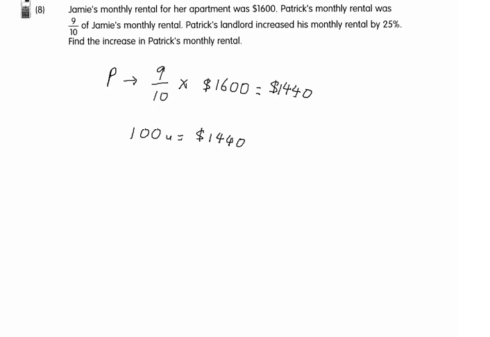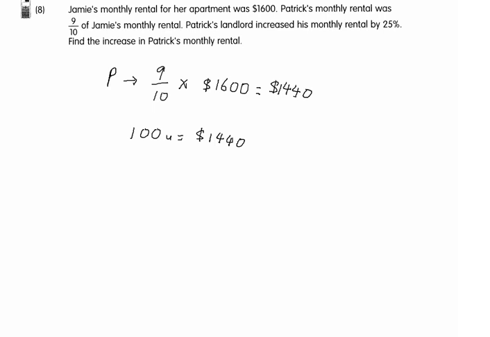Now, what is his new rental in terms of units, Leroy? Do you all agree with Leroy? 125 units, right? Because increased by 25%. So usual 100 units. After the increase will be 125 units.